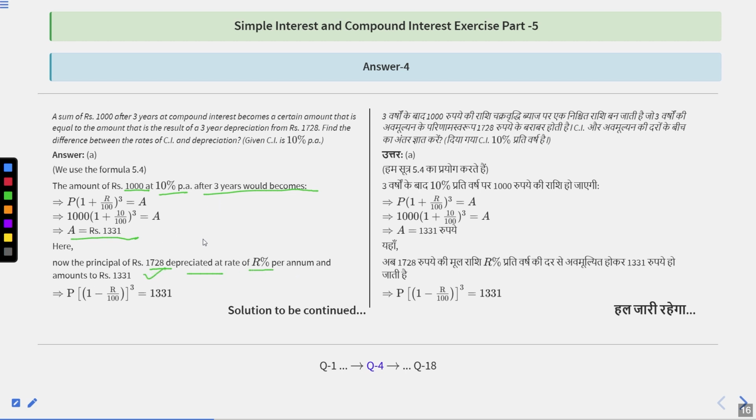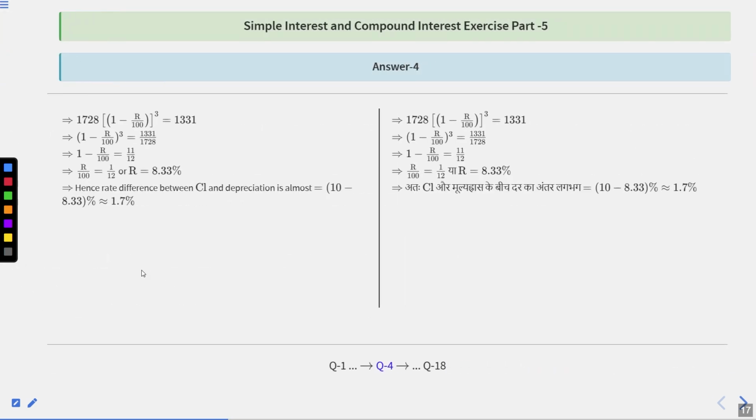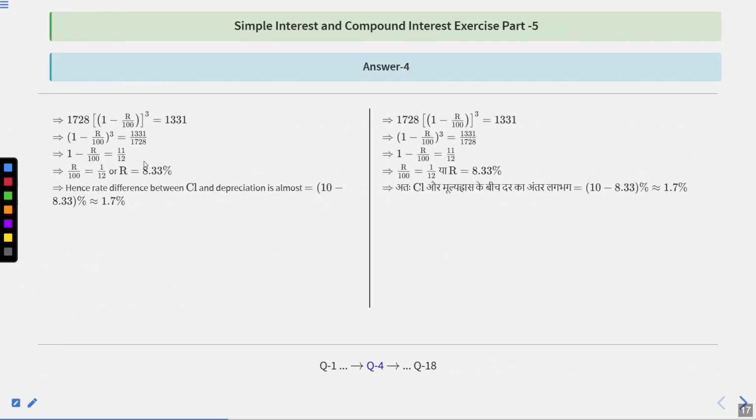It is given in the question. So using the formula again, P into 1 minus R upon 100 whole power 3 is equal to 1,331. When we calculate it, we get the value of R, which is 8.33%. Hence the rate difference between compound interest and depreciation is almost 10 minus 8.33, which is 1.7%. Clear? Next one.